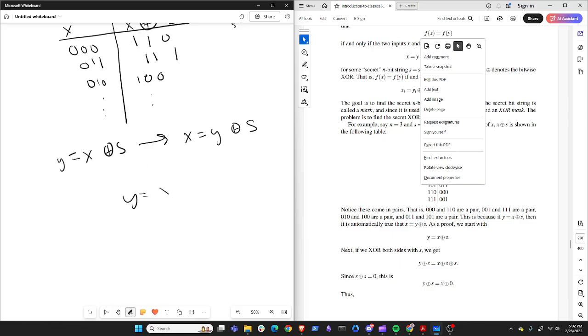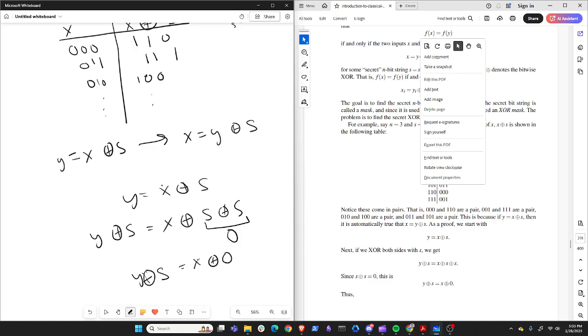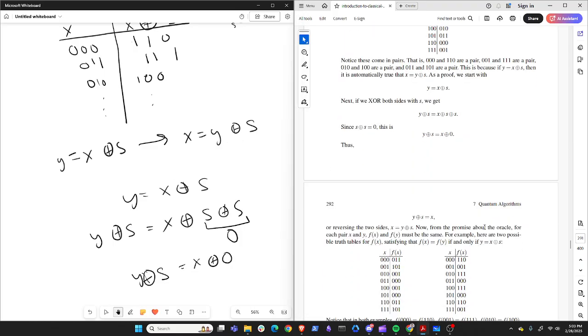If we XOR both sides with s, we wind up with Y XOR s equals X XOR s XOR s. s XORed with s is going to be equal to 0. So we wind up with Y XOR s equals X XOR 0. Therefore, Y XORed with s equals X. So one follows from the other.